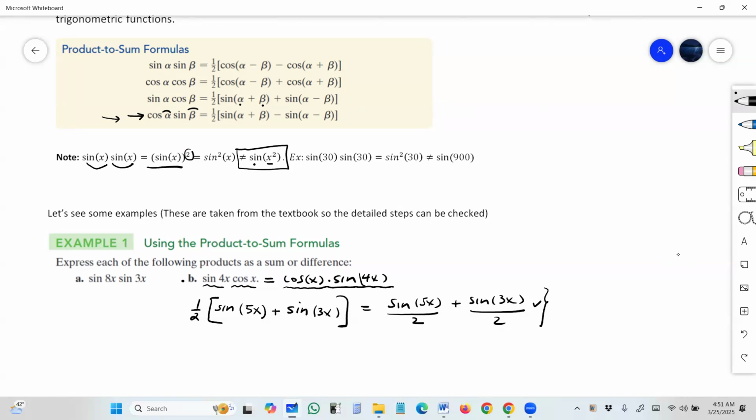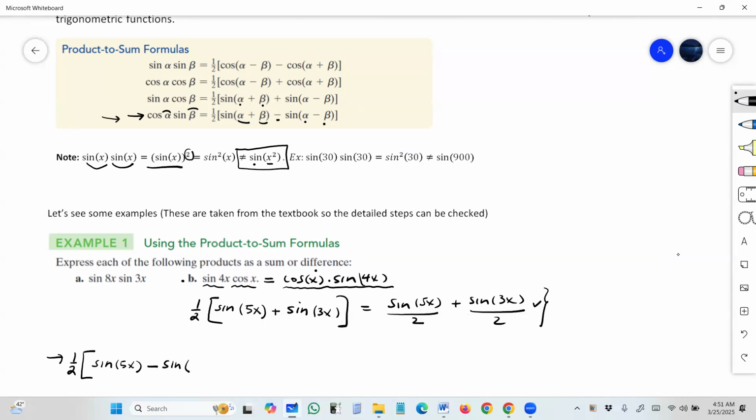All right, so let's see. I am going to write this over here. So 1/2 sine of the sum, so x plus 4x, this is sine 5x, minus sine of the difference, alpha minus beta.